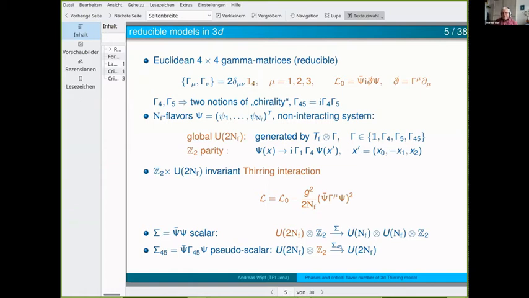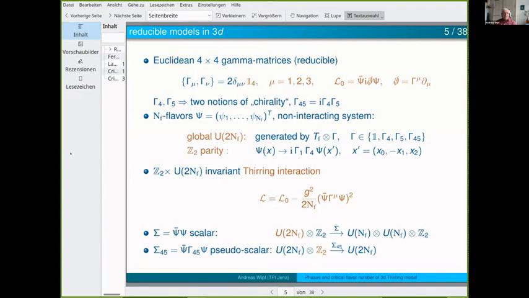Of course, it's not really chirality. There is no chirality in the strict sense in 3 dimensions. It's more a flavor rotation, but it's called chirality in this context. So then we study models with NF flavors. And the free model has this huge symmetry. It has a global U(2NF), where NF again is the number of 4-component Dirac spinors, symmetry, in addition, of course, we have parity.